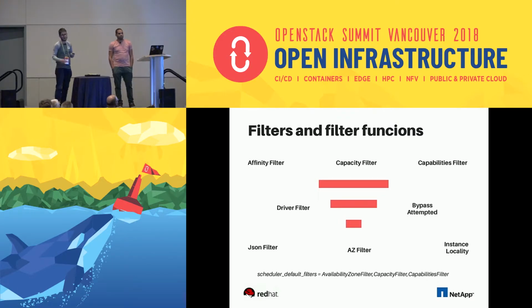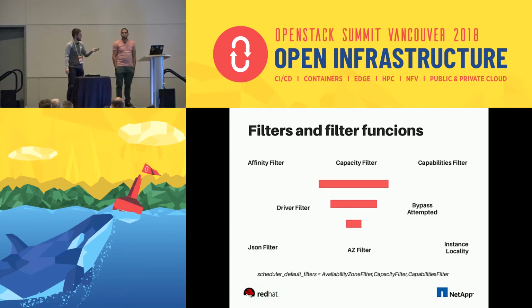Those are the filters that we have. We have a bunch of different filters that will filter based on different capabilities. For example, the capacity filter will filter out pools that do not have the capacity that the request is asking for. We have, for example, the AZ filter, which will filter out pools that are not on the availability zone that the request is asking for.